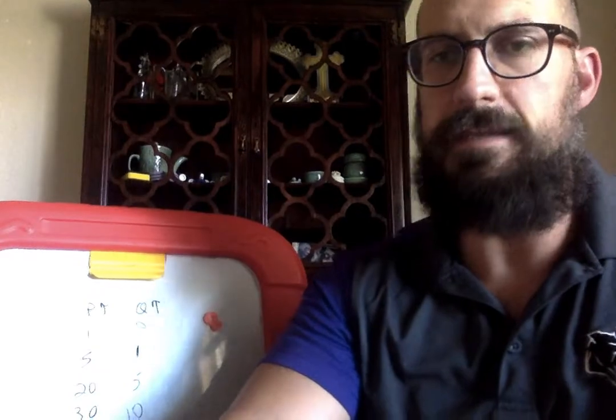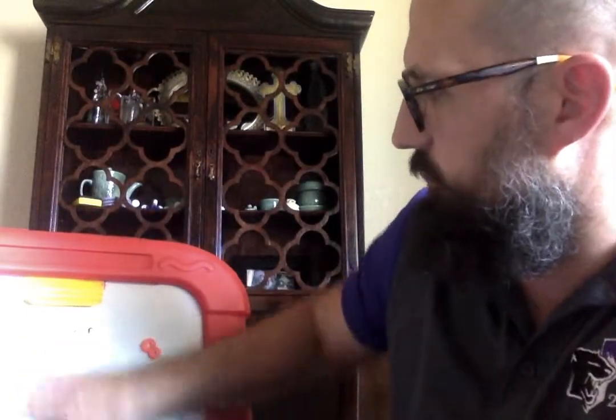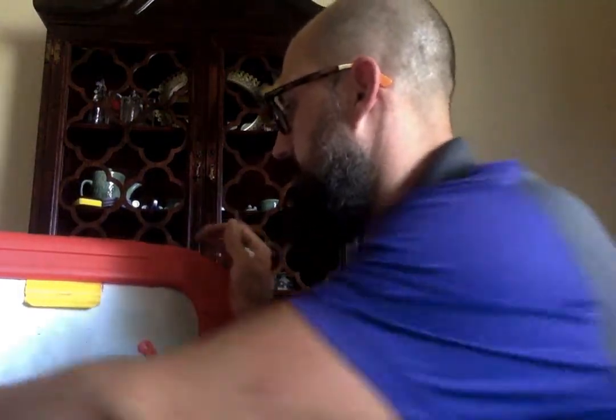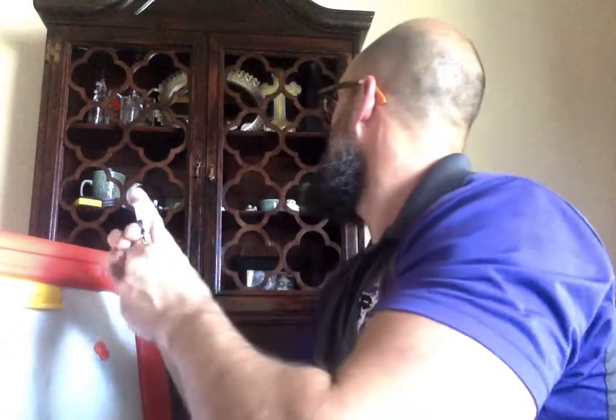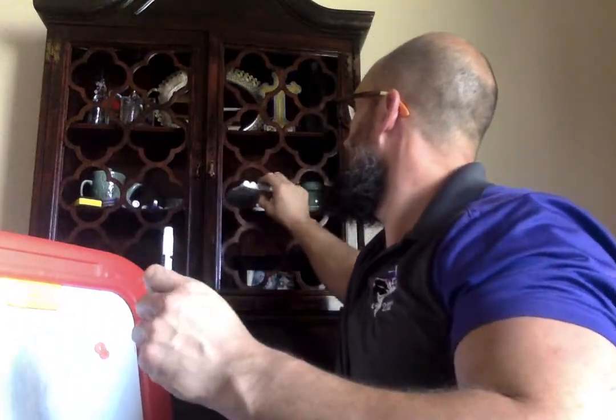Now, if we were to take that and graph it, you would have a curve that we saw earlier that looked like this: an upward sloping curve.